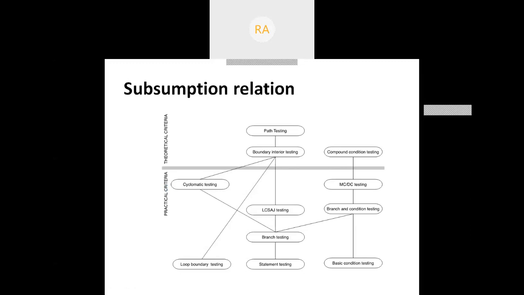This diagram is very important in order to explain subsumption relation. All the testing techniques are explained here: path testing, boundary interior testing, compound condition testing, modified condition decision coverage, branch and condition testing, basic condition testing, statement testing, loop boundary testing, LCSAJ, then branch testing.